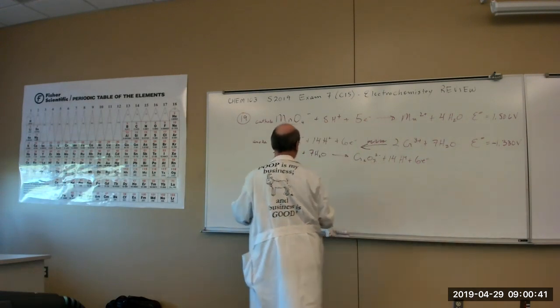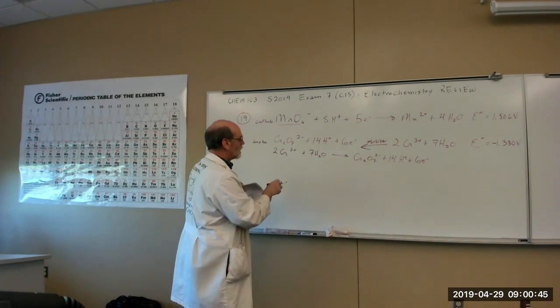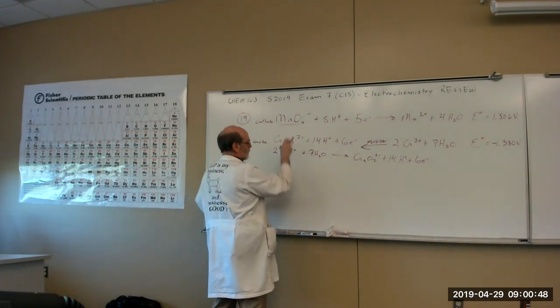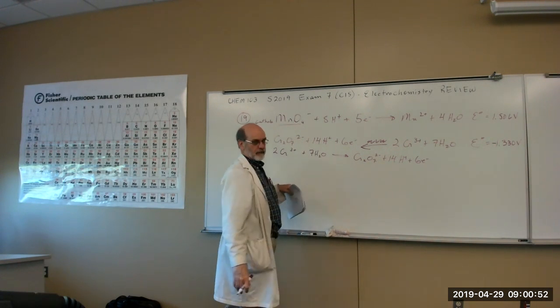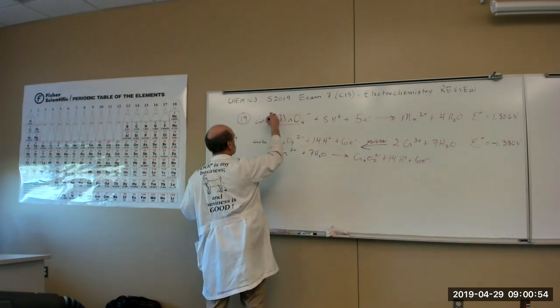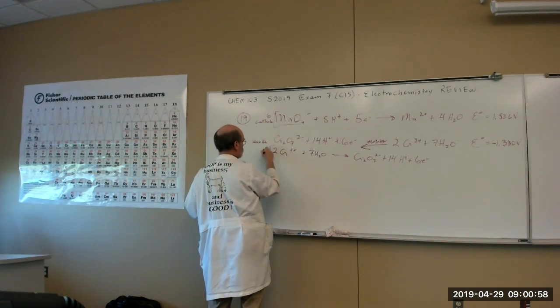Okay, then we have to balance the electrons. So if this one's 6 and that one's 5, our best option is cross multiply. So we'll say this one's times 6 and this one's times 5.